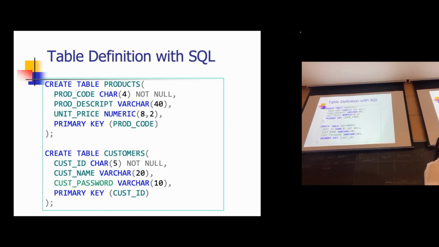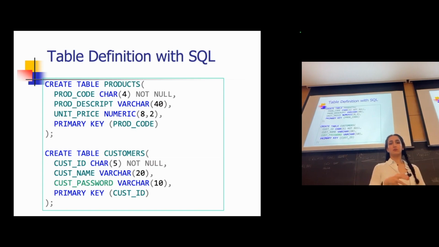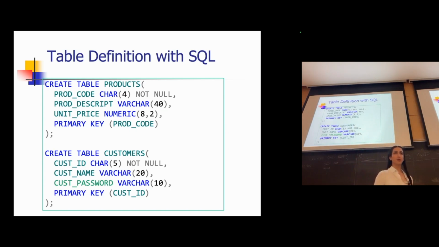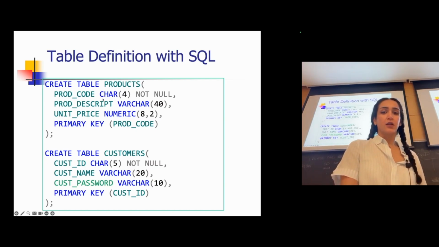But for all other columns that are not the primary key, if you don't want to allow nulls in that column, you have to specify it in front of that column when you're creating the table. For example, for the price column, if you don't want to allow any null values, you have to identify not null here when you're creating your tables.